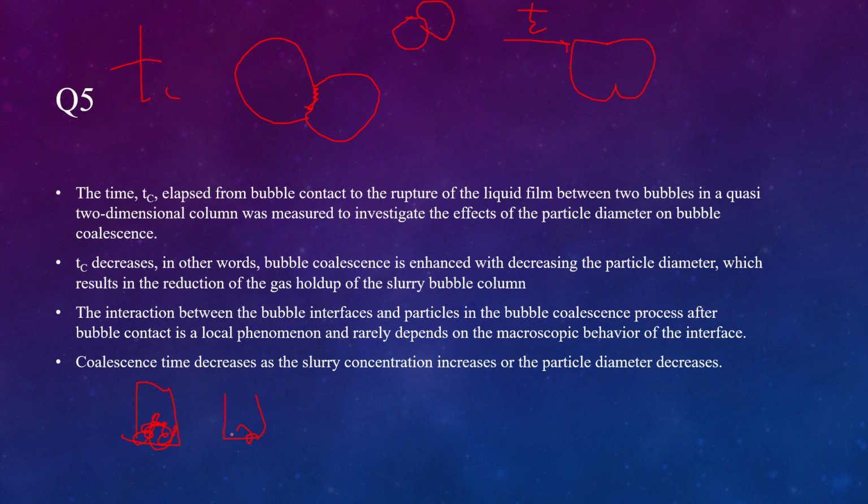The chances of the bubbles coming in contact with each other and the rupture of bubbles is increased. So if the chances of contact are increased, the coalescence time gets reduced. That is, coalescence time decreases when the slurry concentration is more or the particle diameter is less.